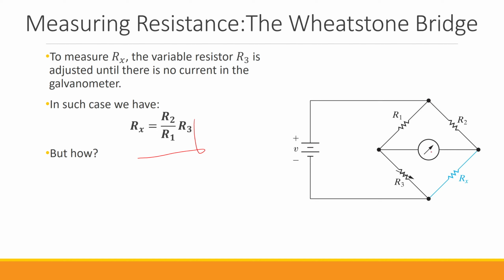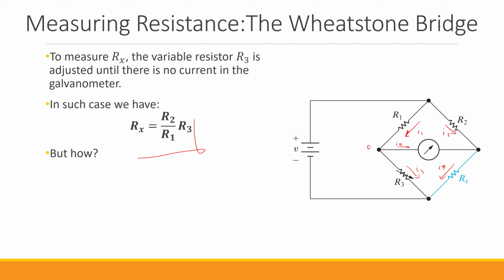So we said that we change the value of R3 until the current that goes here is 0. So let's quickly draw some current directions. I assume the direction of the currents to be like this. So we have I1, I2, and then we have I3 and I4. And for the galvanometer, I use IG in this direction.